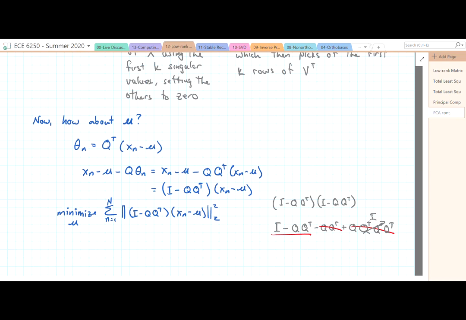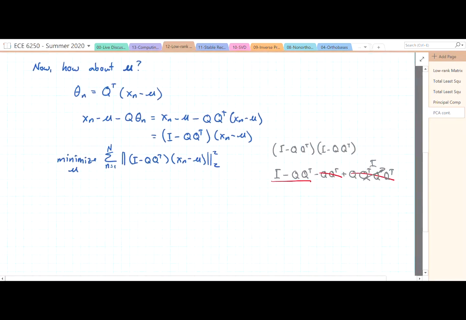So this is going to be a nice little property, and this will help us out because we can write our norm squared here in terms of the inner product. And so we are just now minimizing over mu the sum n equals 1 to N of (x_n minus mu) transpose (I minus Q Q transpose)(x_n minus mu).